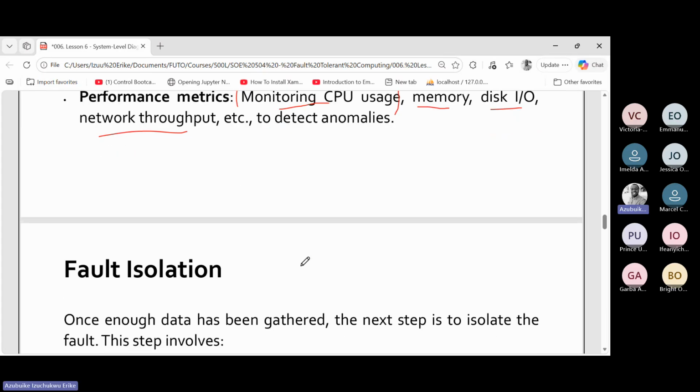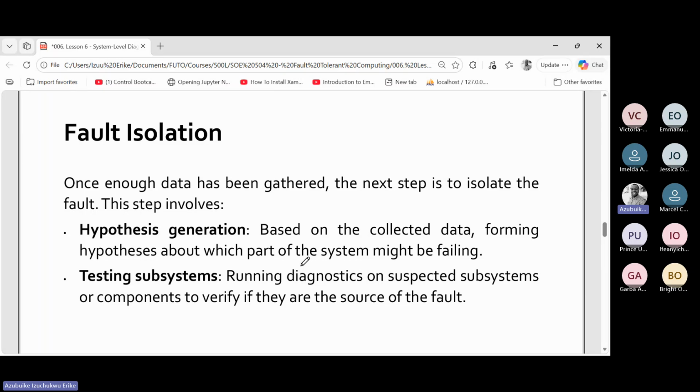So the next one is fault isolation. Once the data has been gathered, the next step is to isolate the system. And the steps involve hypothesis generation, and this is based on the data that you have collected.